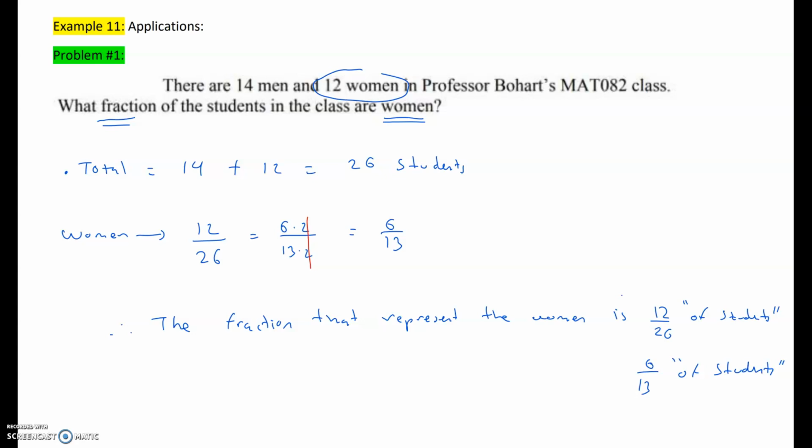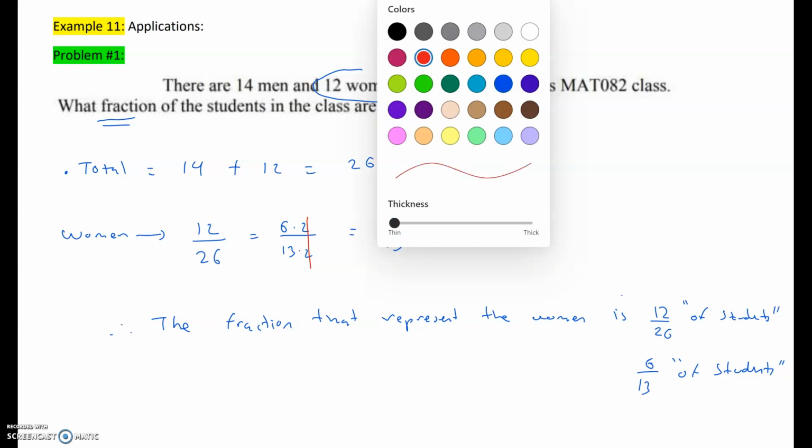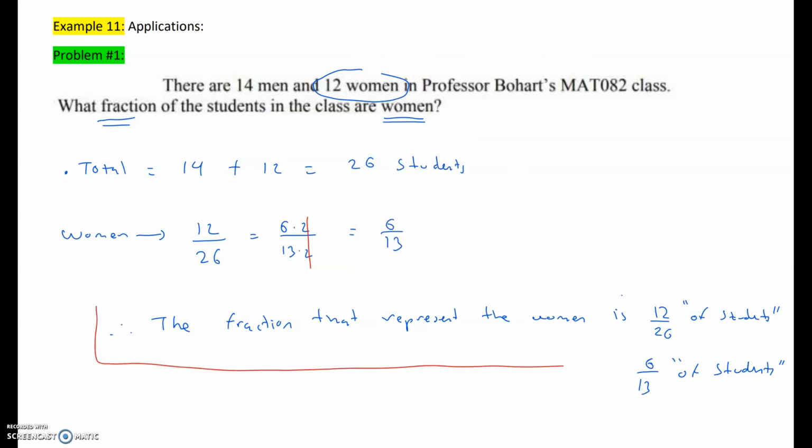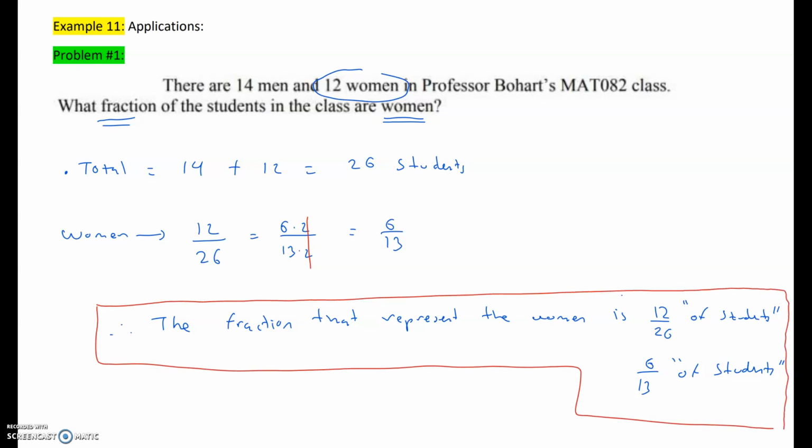So that's the fraction. In a later section, we're going to be looking at percentages, and that would be the percentage of, in this case, women in the class. They don't specify how they want the answer, so I'm writing it as both.